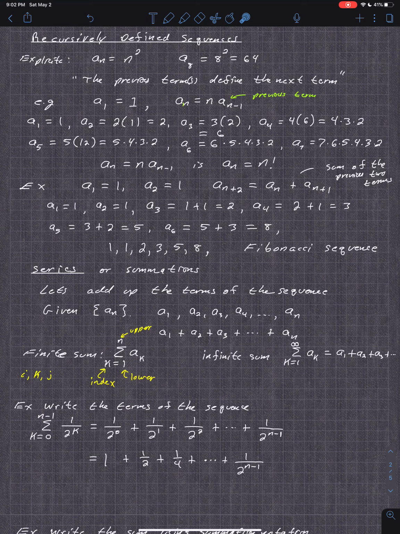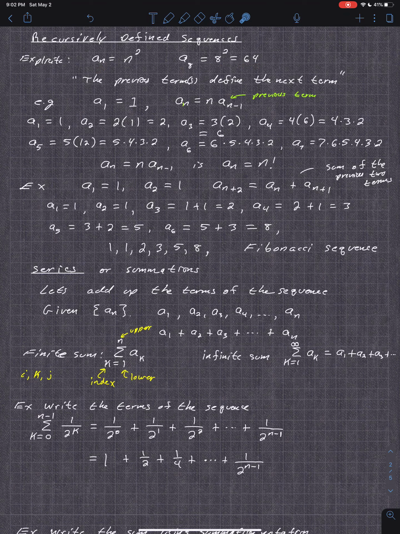Okay, so let's suppose. If you have just this, that's what we refer to as an explicitly defined function. Basically, plug in a number, whatever term you want. So if you put in 8, that's the 8th term. You square it and get 64. Okay.